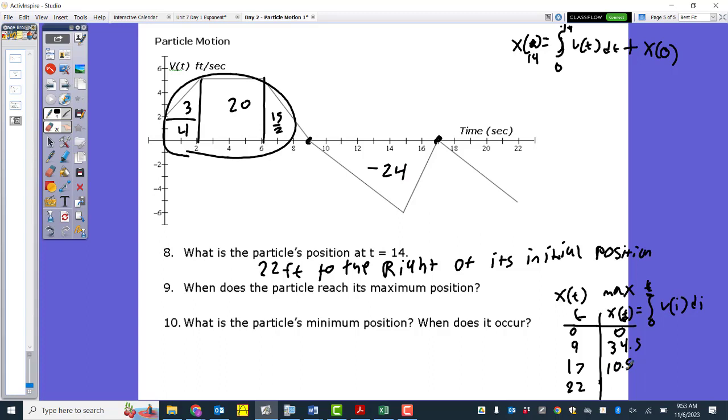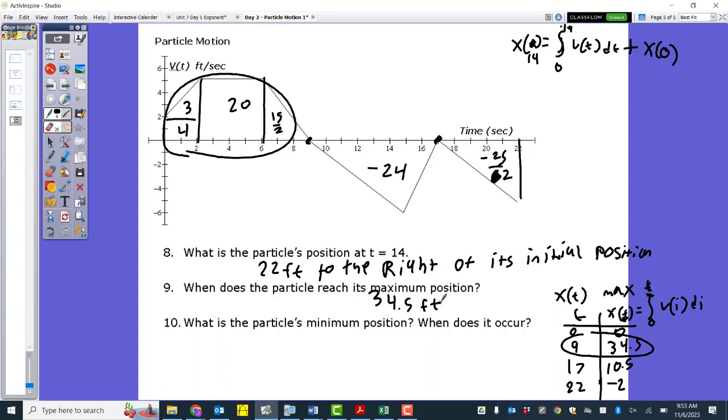And then we're going to check at the endpoint, which means we have to add this little triangle here at the end. So 1, 2, 3, 4, 5, and that's another negative, so negative 25 over 2, or negative 12.5. So minus another 12.5 should give us negative 2.